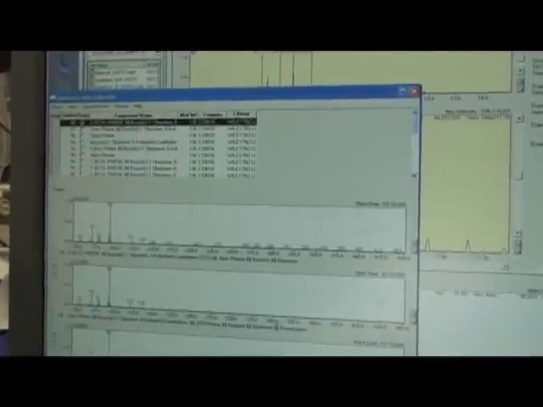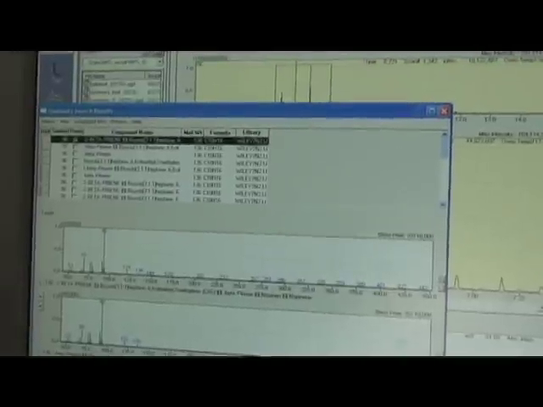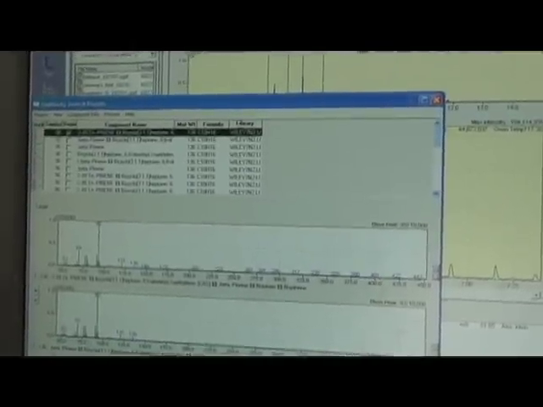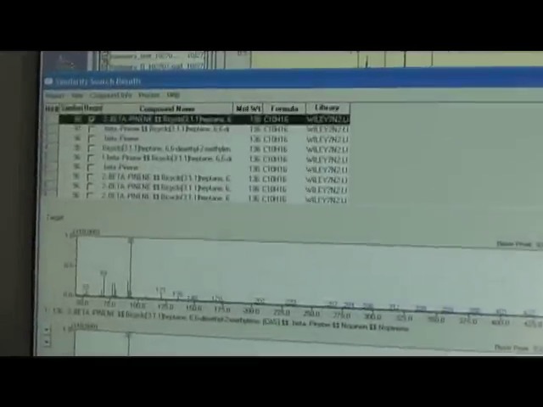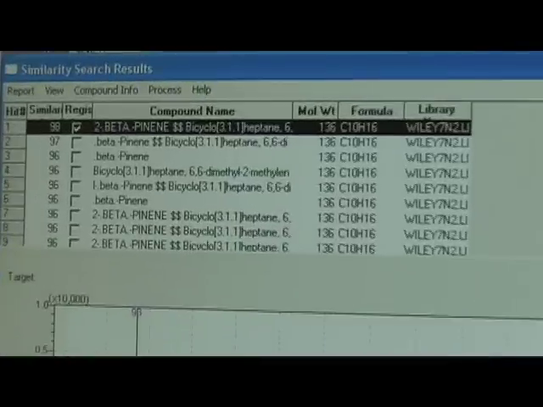It says this is pinene, beta-pinene, which is a very abundant compound in essential oils. So I was just taking an example here from volatiles of an essential oil mix. So you see several entries of pinene in this database, and if you see such a large number of the same suggestion, you can be pretty sure that this is the compound that you have identified.